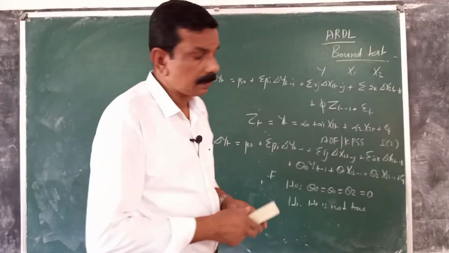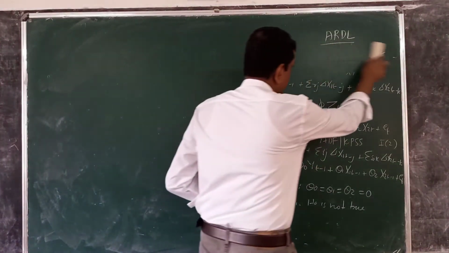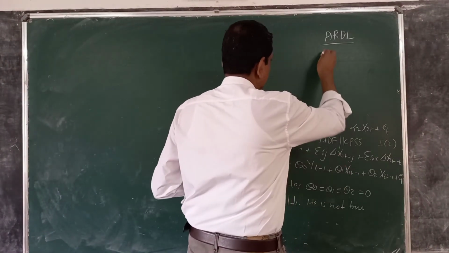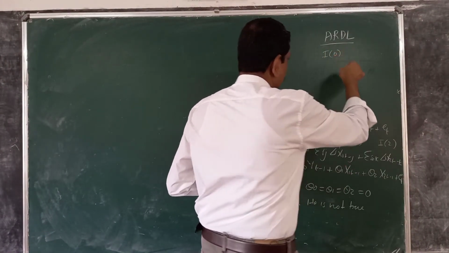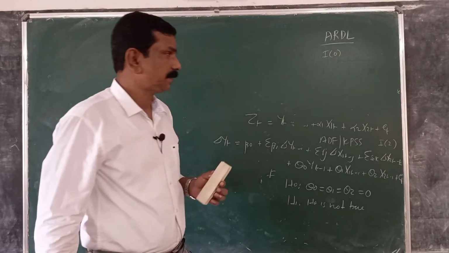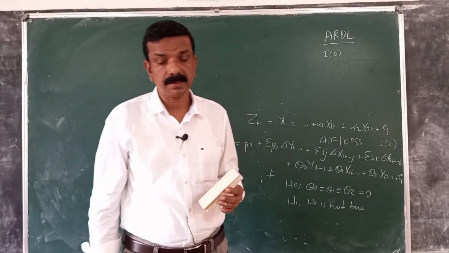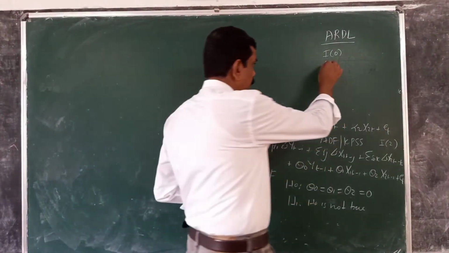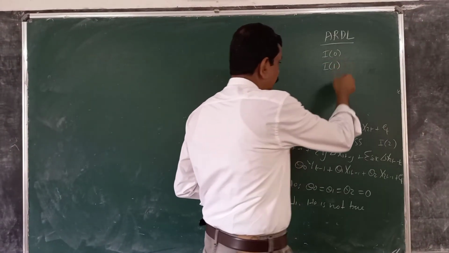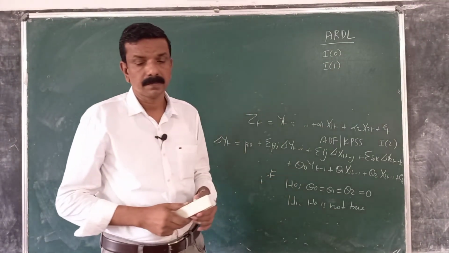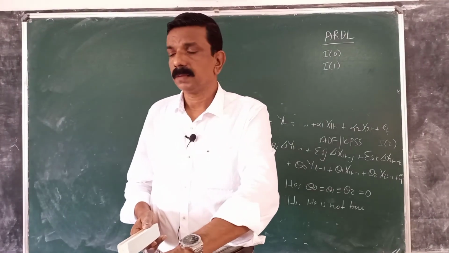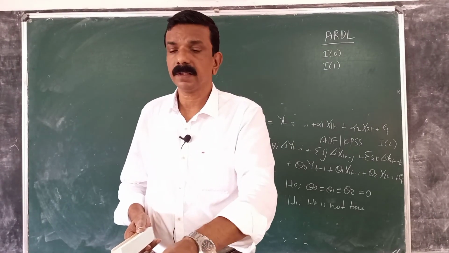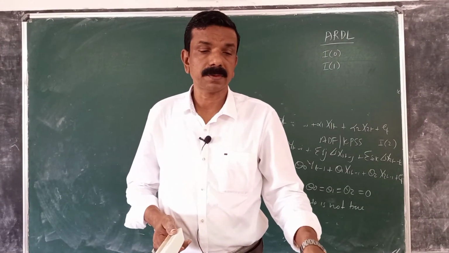Now, the lower bound is based on the assumption that all the variables are I0, and upper bound is based on the assumption that all the variables are I1. In fact, the truth lies somewhere between these two extremes.